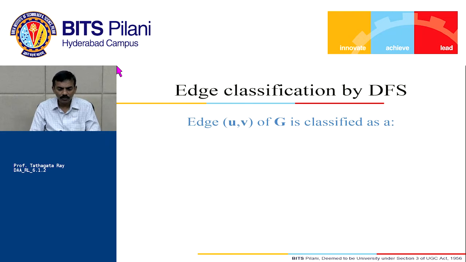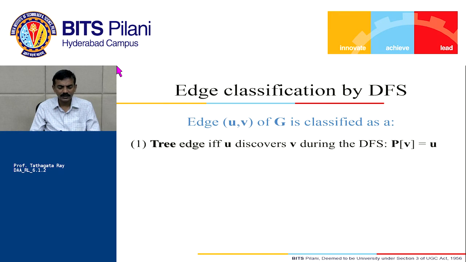So now we will look into the depth first search tree a little bit more closely. If you recall, let's look at an edge uv of this graph G on which you have run the depth first search algorithm. If you look at the edges of the graph, you can classify these edges into the following categories. One, you have a tree edge.